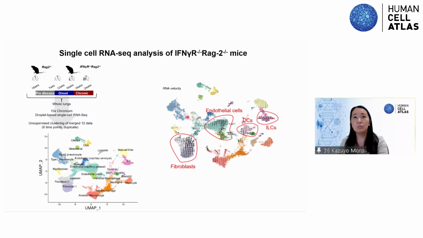What surprised us was that epithelial cells, which were reported to cause fibrosis by DNA damage, didn't show any difference in our model. This is surprising data for us, but it suggests we should focus on ILC2.